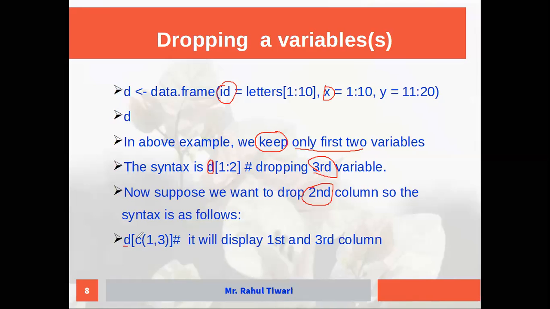So C, because I'm interested in more than one element, so we have to use the combine vector. C(1, 3) means first and third column. So I am interested in dropping the second column, which means I am interested in keeping the first column and third column. This is a very important concept, understanding the difference between dropping and keeping.